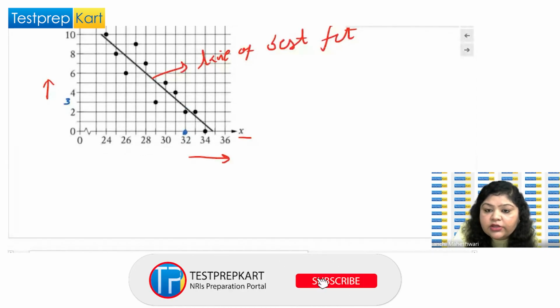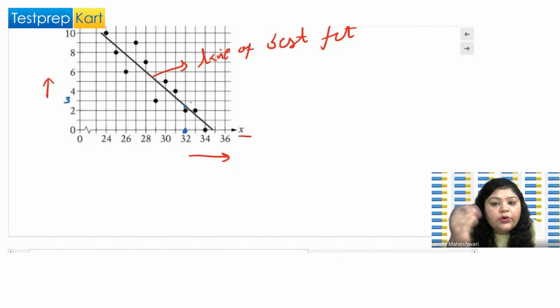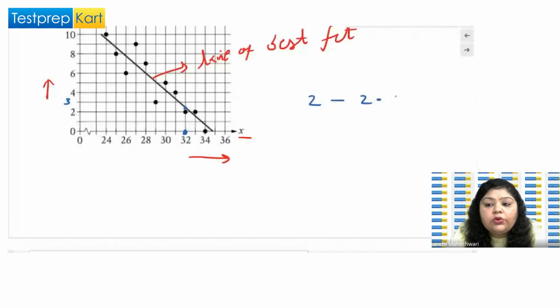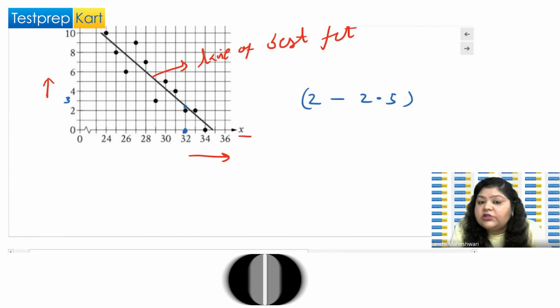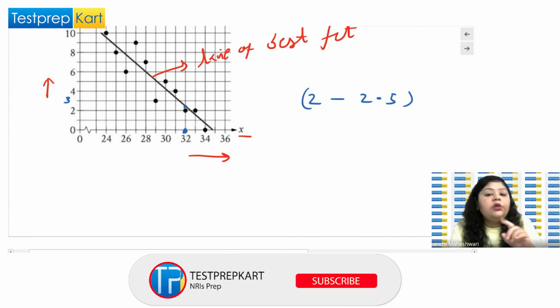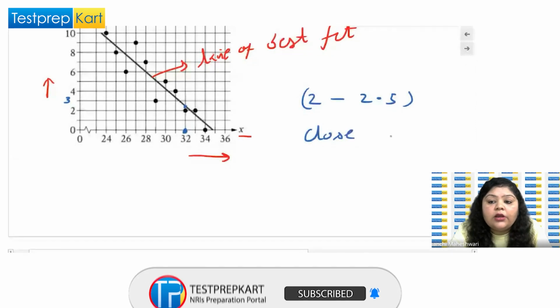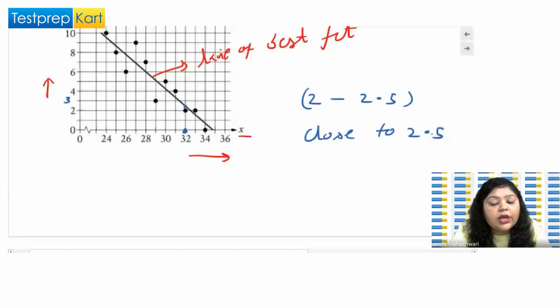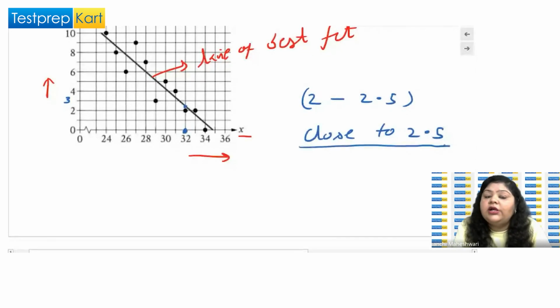Is it below 2.5 or not? That means I can say this value lies between 2 and 2.5, and it is quite close to 2.5. So the exact value from the line of best fit has to be between 2 and 2.5, close to 2.5. Whatever value is close to 2.5 is going to be the correct answer for us.